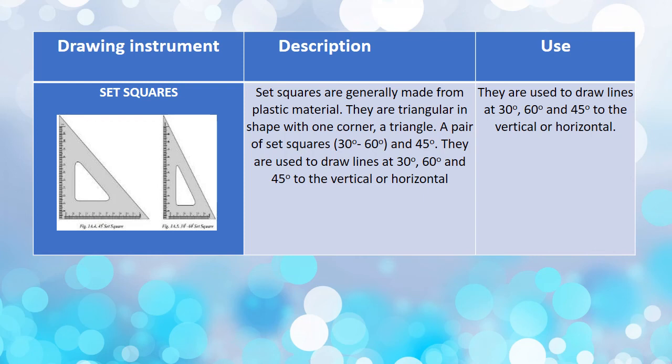A pair of set squares, 30 to 60 degrees and 45 degrees, are used to draw lines at 30 degrees, 60 degrees, and 45 degrees to the vertical or horizontal.